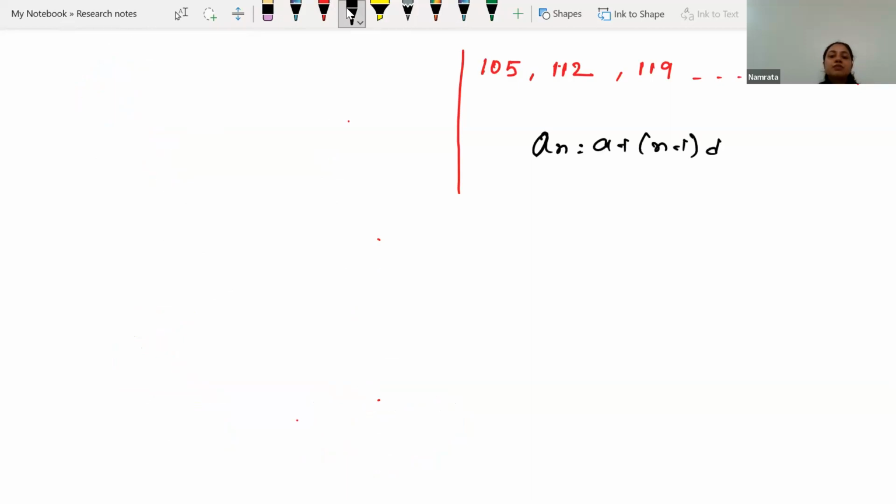Here we have to find the n value. 497 is equal to a, which is 105, plus n minus 1, into d. Common difference is 7 only, as we can see. Is it clear? Yes, ma'am. Tell me what you are getting from here.